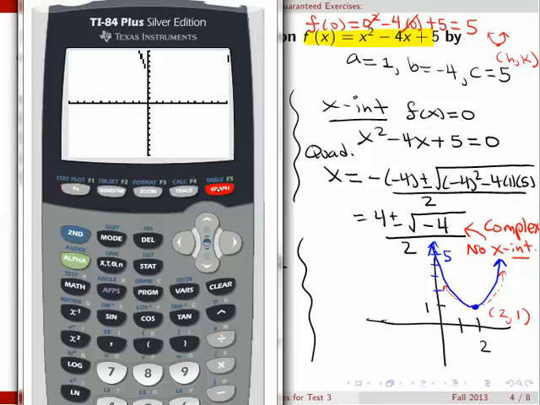It goes up and it passes through y. You can click trace and then move the graph around to see that it passes through 0, 5. Okay.